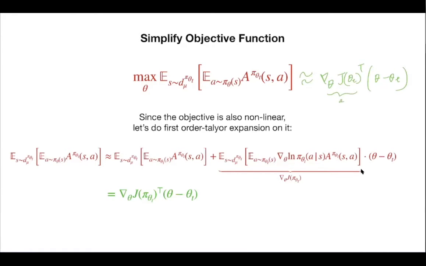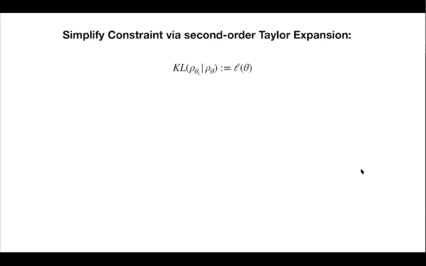All right, so now let's see how we can do similar things for the constraint, the KL constraint. So at a high level, let's write down the KL constraint. This is nothing but a function of the parameter theta. Let's abstract this away by defining it as L theta, where theta is the parameter. It takes theta as input and outputs a number.